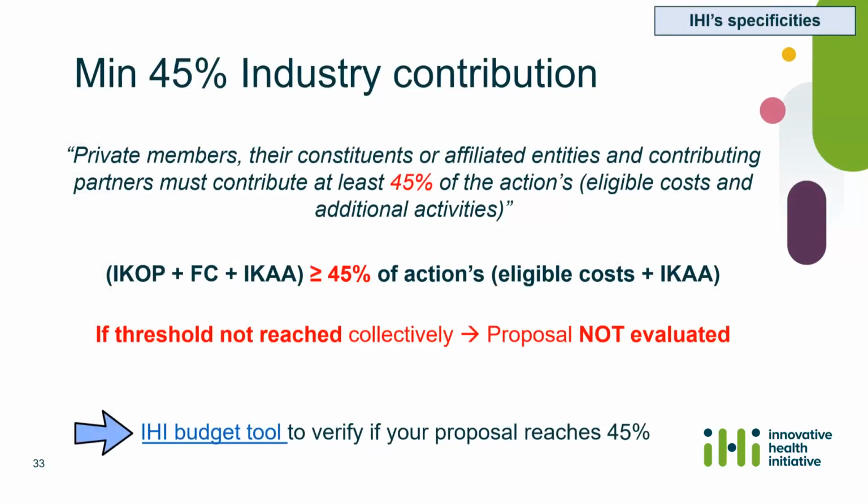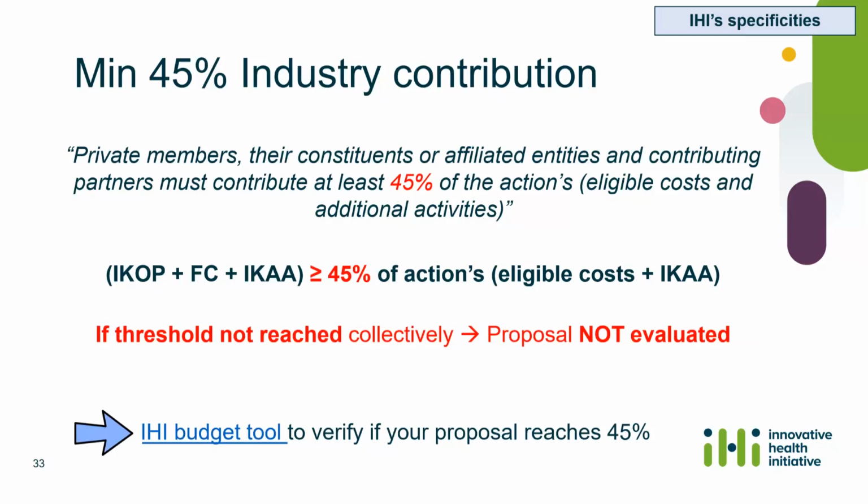So as you know, in our regulation, it is mentioned that private members, the constituent or affiliated entities, and contributing partners must contribute at least 45% of the action's eligible cost and additional activities. So we translated this into the formula that you can see here. ICOP plus FC plus IKAA should be higher or equal than 45% of the action's eligible cost plus IKAA.